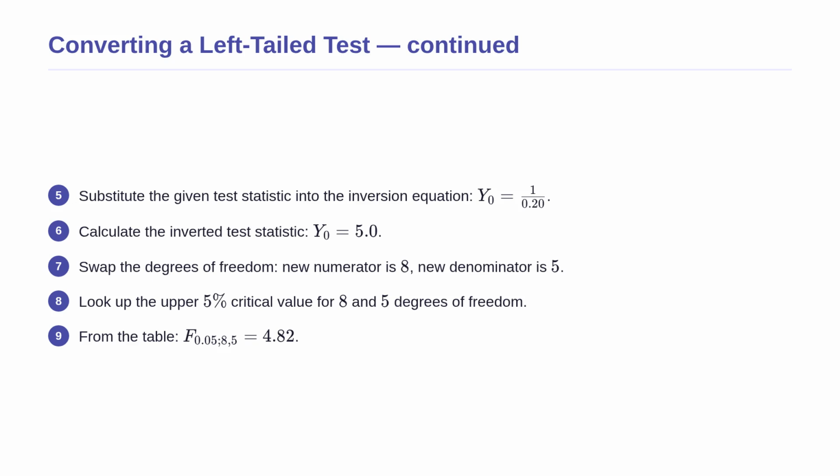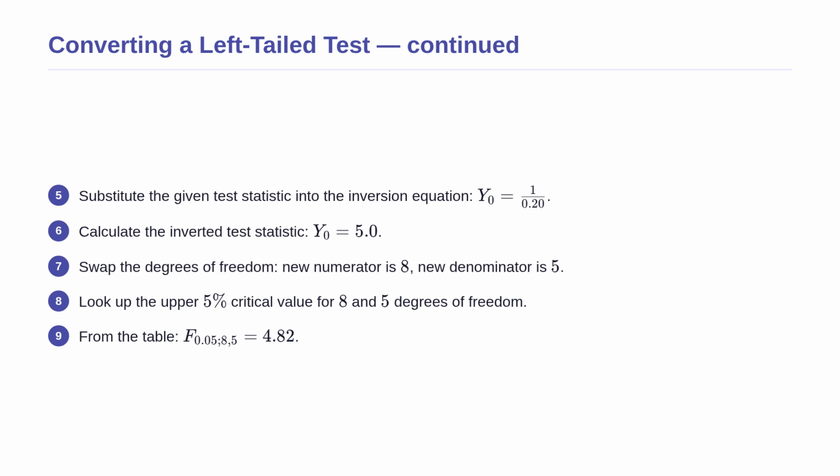Continuing with our faster approach, we start by defining a new test statistic, y sub 0, which is the reciprocal of our calculated test statistic. This effectively puts machine B's variance on top and machine A's variance on the bottom. We substitute 0.20 into the equation, giving us an inverted test statistic of 5.0.